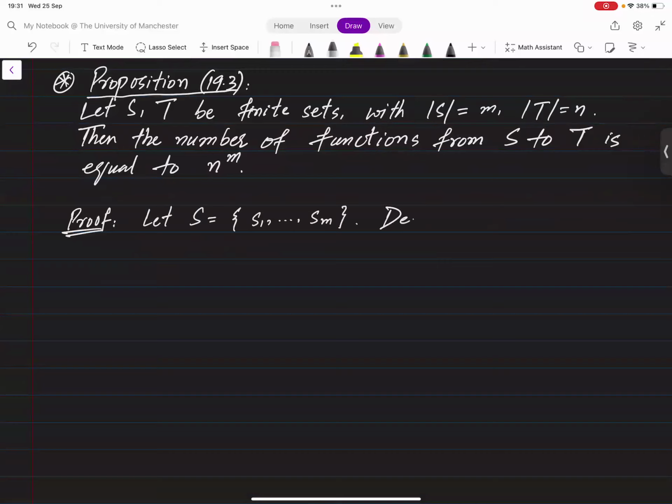Defining a function f from S to T is an m-stage process.